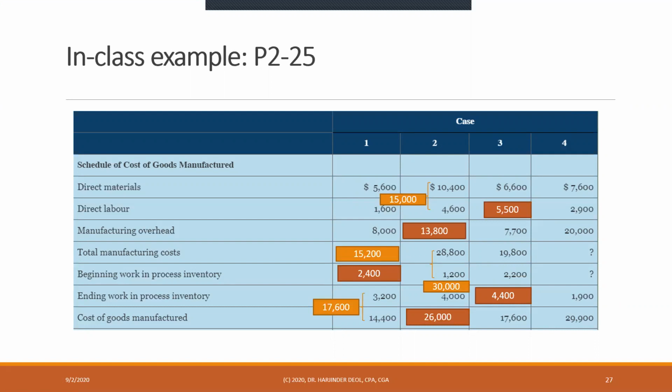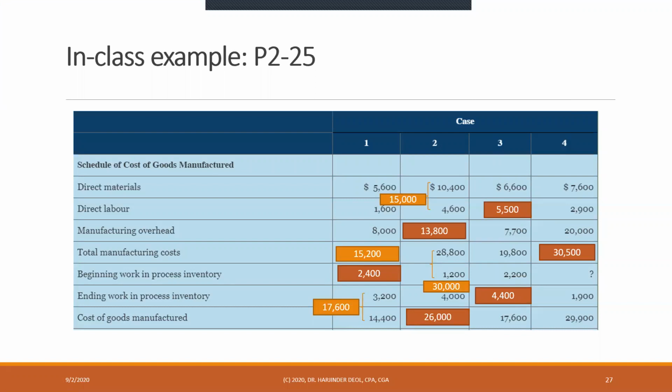Finally, with case 4, we're given direct materials, direct labor, and manufacturing overhead. We can add them up to get the total manufacturing costs of $30,500. The beginning inventory cost is not provided, but case 4 is very similar to case 1. We can calculate the total of the cost of goods manufactured and the ending work in process inventory.